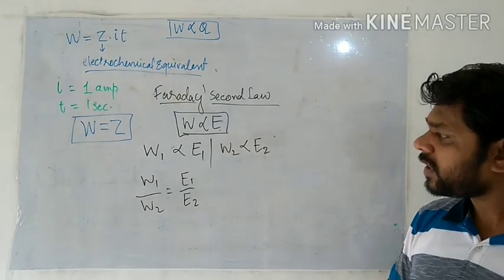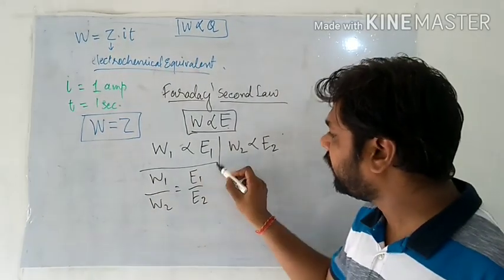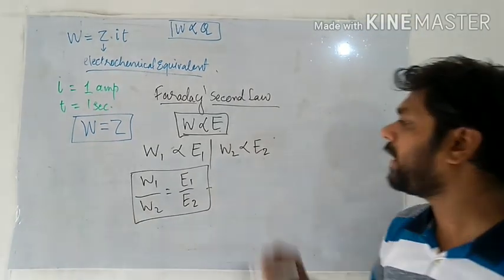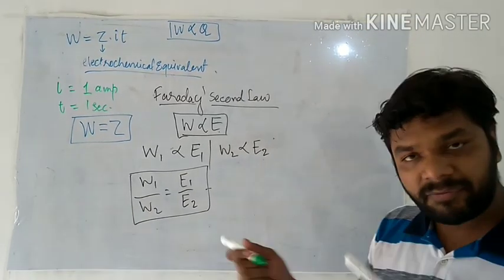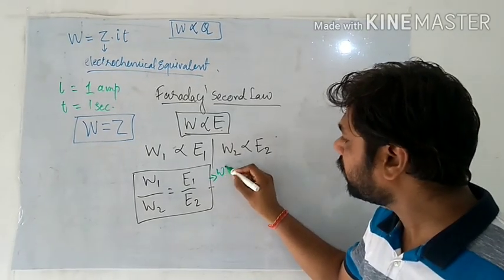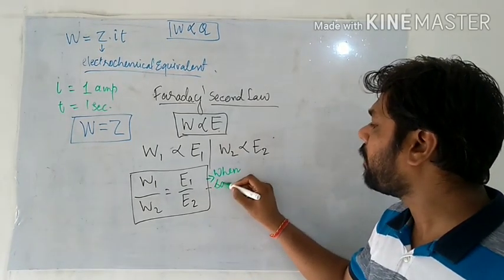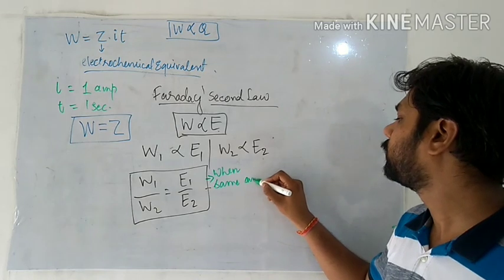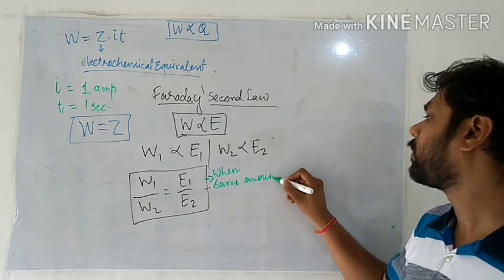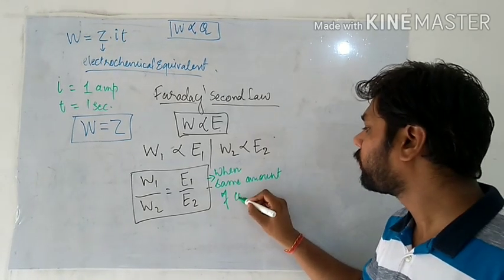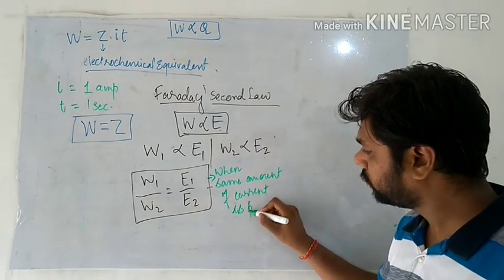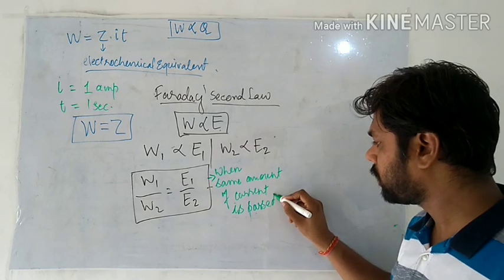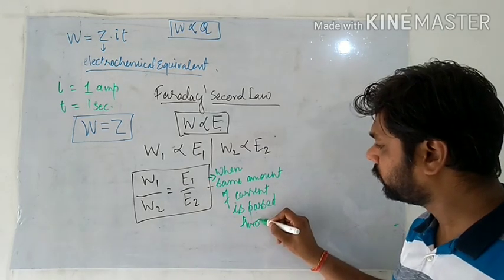And this condition is applicable when the same amount of current is passed through different electrodes. So I am writing over here, when same amount of current is passed through electrodes.